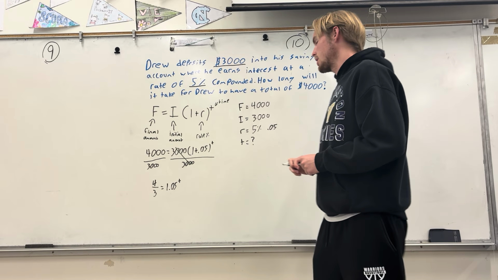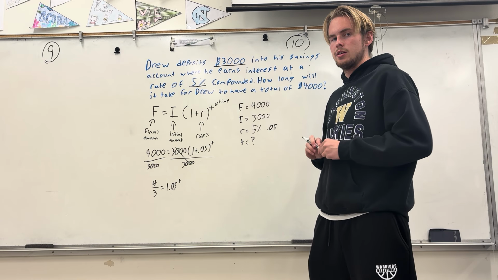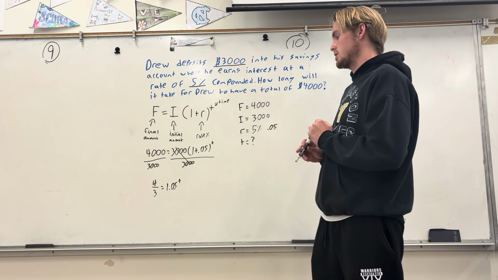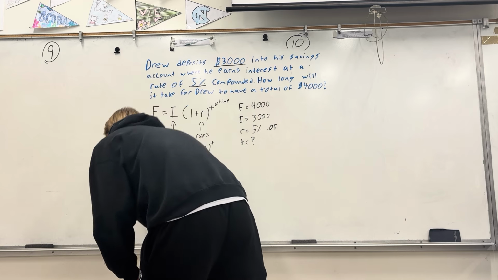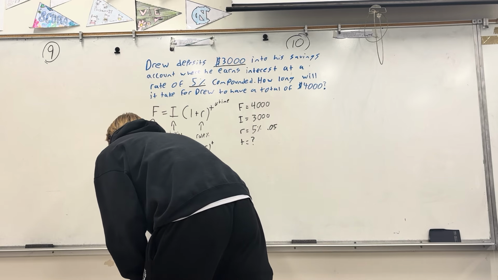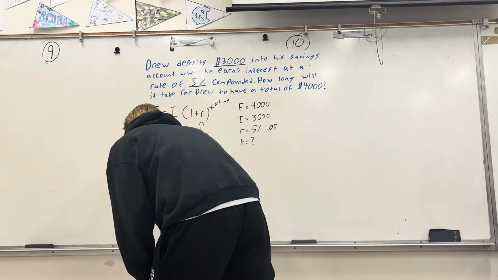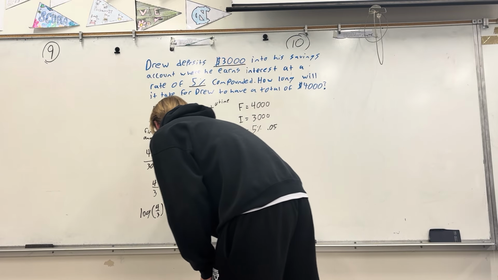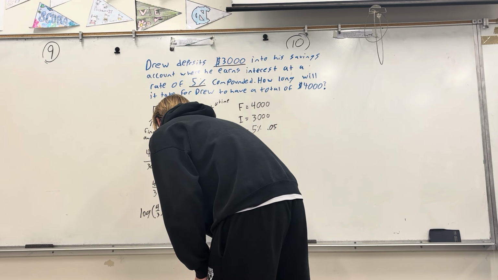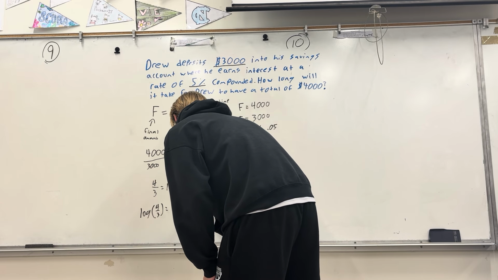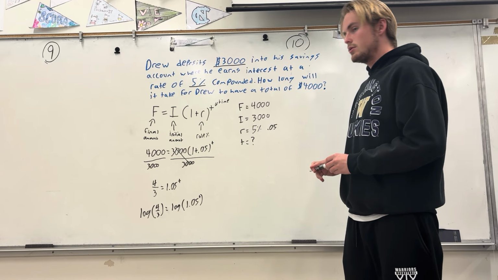Perfect. So now, what do we do? We're stuck. We call on the logs. So now we're going to be taking the log of both sides. So we take log of 4 over 3, and we set it equal to the log of 1.05 to the power of t. Why do we do that?